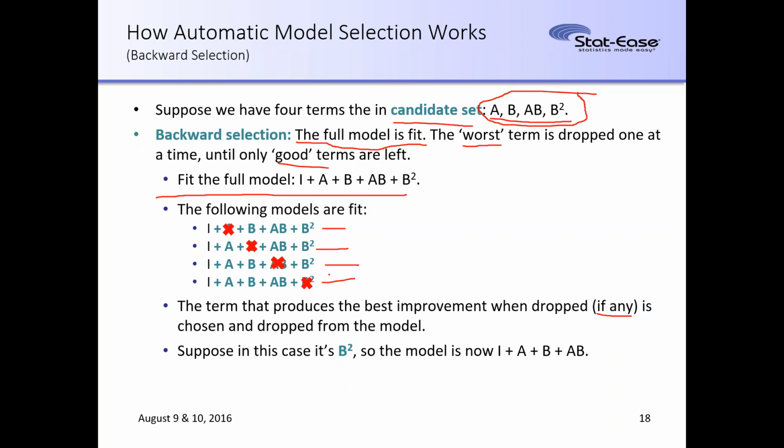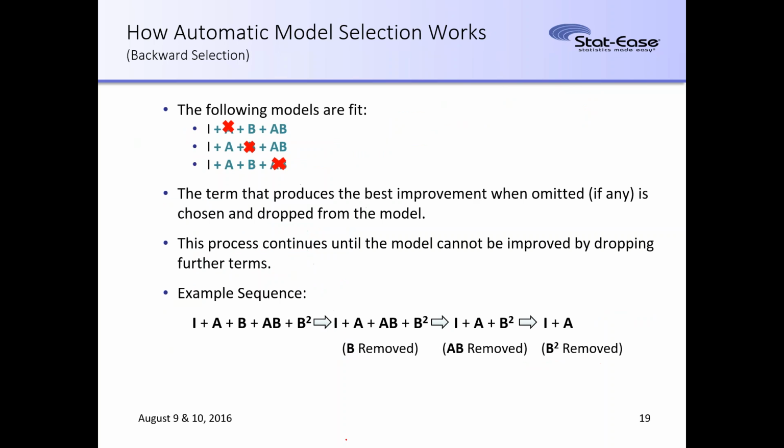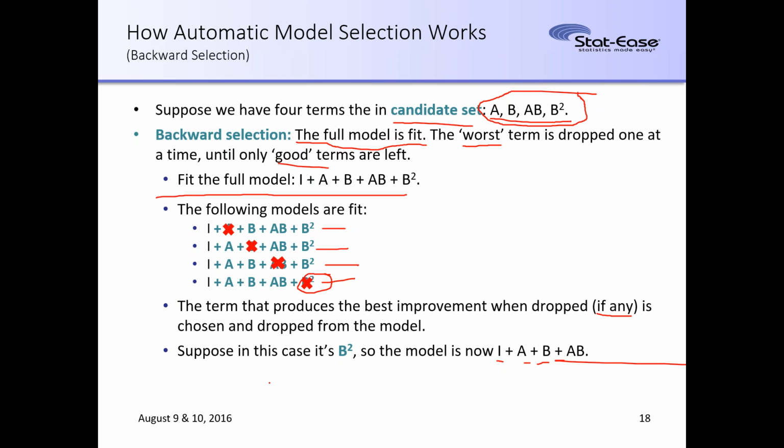So suppose in this case B squared is the worst term in the model. So the model now becomes the intercept plus A plus B plus the interaction between the 2. The program will then start with this model here that I'm just going to circle so you can see it.